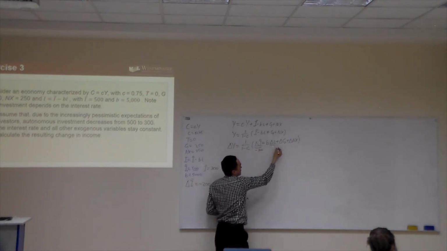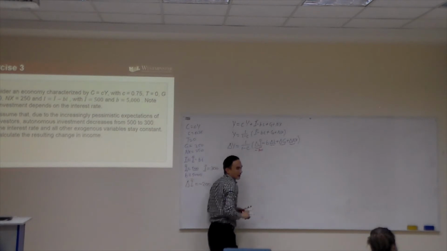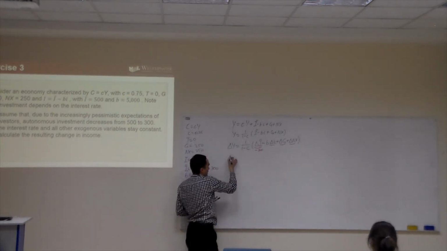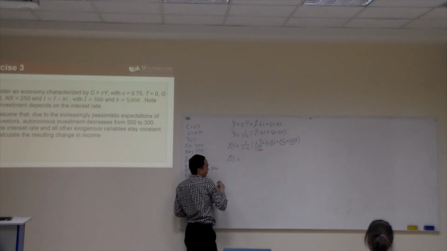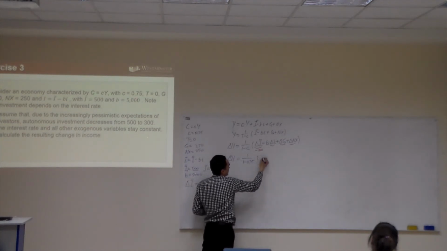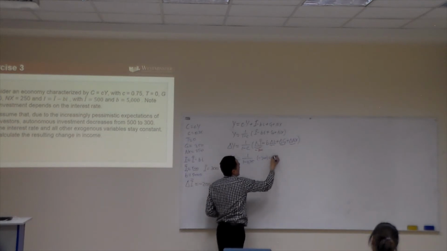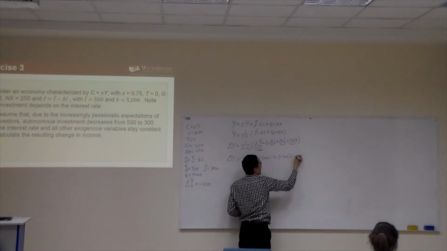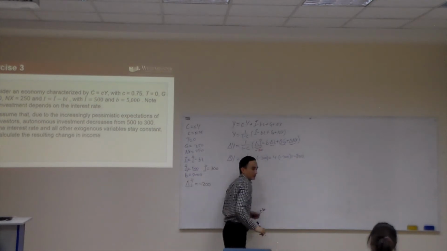There is no change in the other factors. So change in output due to investors' pessimism is 1 over 1 minus 0.75 times minus 200, which is 4 times minus 200, which is equal to minus 800.